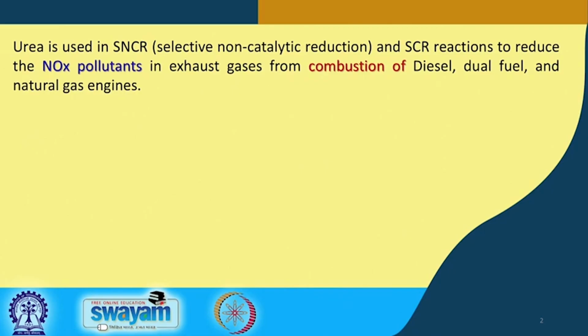Nowadays we are running a large number of auto rickshaws and others by LPGs or CNGs. In the natural gas burning process, we have the corresponding hydrocarbons and some nitrogen also, because it is burning in presence of air. Air has a significant amount of nitrogen.